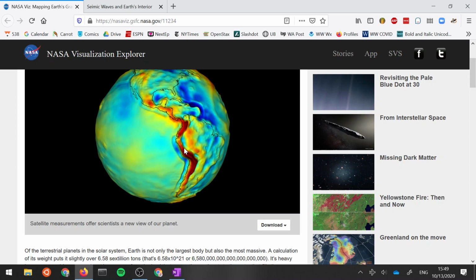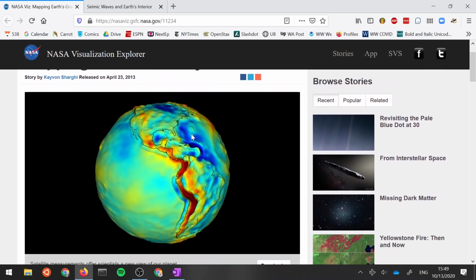Well, actually, no. And here's a nice little picture of the variations of the Earth's gravity. We see it tends to be high along mountain ranges and it tends to be low in oceanic trenches. But that's not always the case, and a lot of the variation has to do with internal structures of the Earth.